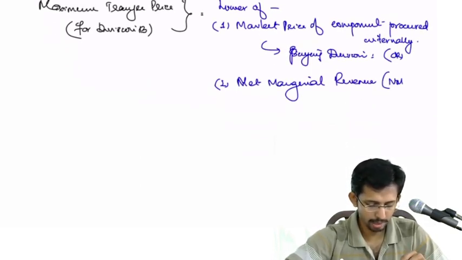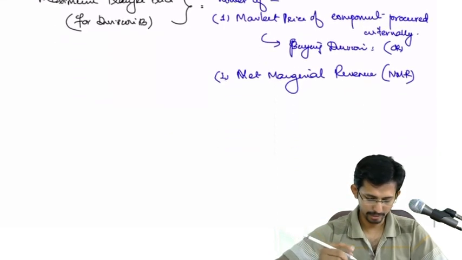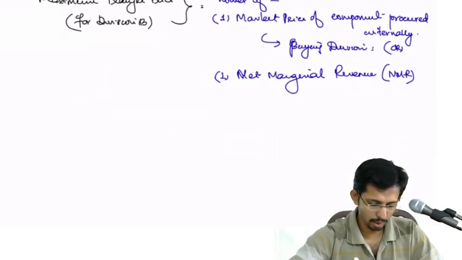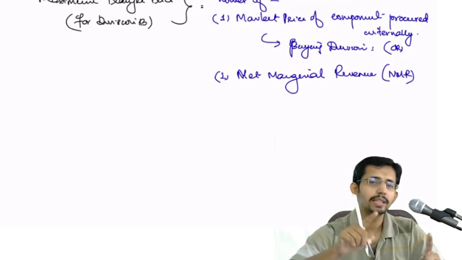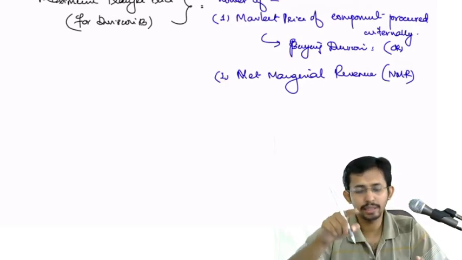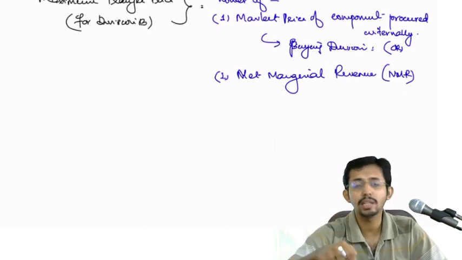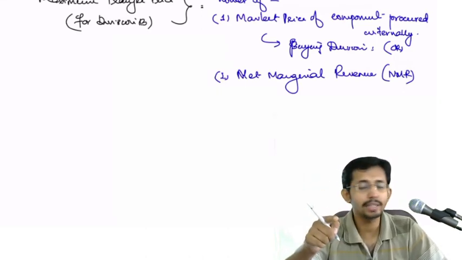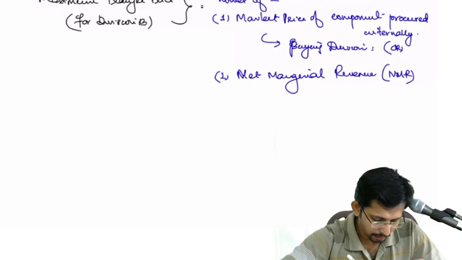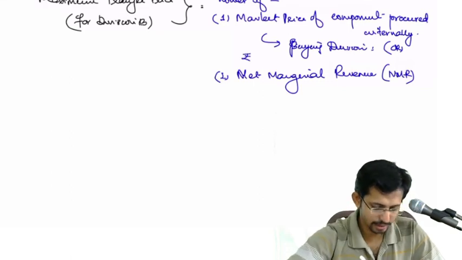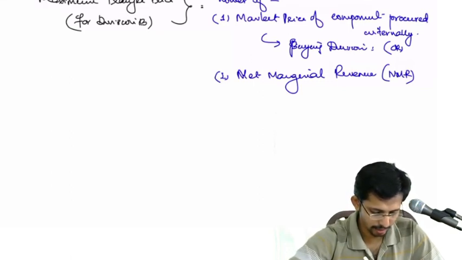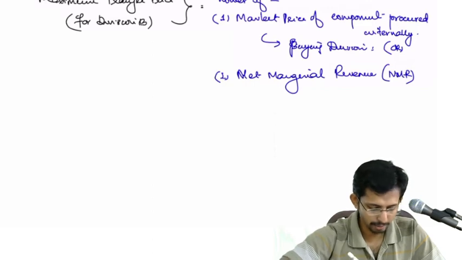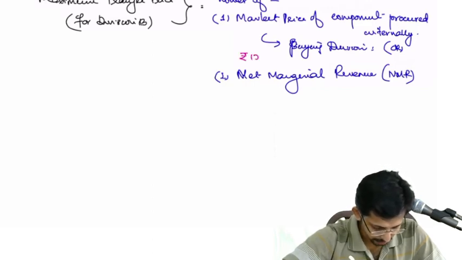Am I right? Yes. Now what is the market price of the component procured internally? If the internal transfer does not happen, then division B has to procure this product at rupees 170 from the foreign vendors. So the market price of the component procured internally is 170.